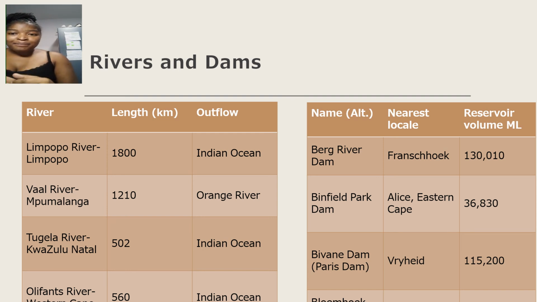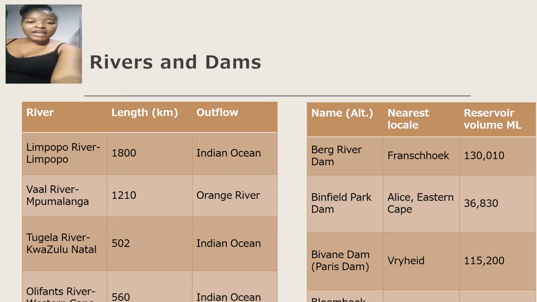And for the dam, I've also categorized the table whereby you will see the name of the dam, the nearest locale, and the reservoir volume. Hopefully, this part of the lesson will be very helpful to you in a way that you are going to be able to memorize and have a summarized version of the different types of rivers and dams that are found in South Africa.